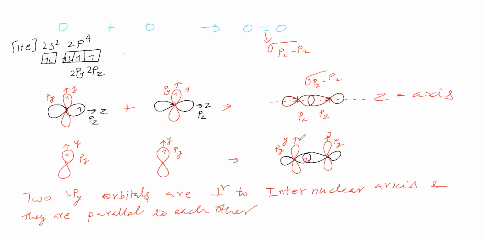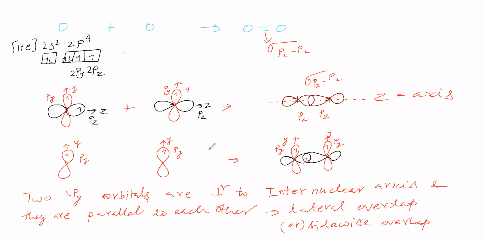See, this 2p orbital and this 2p orbital are parallel to each other. Then what type of overlap is possible? Lateral overlap is possible. Otherwise we can call this sidewise overlap. How will the sidewise overlap be there?